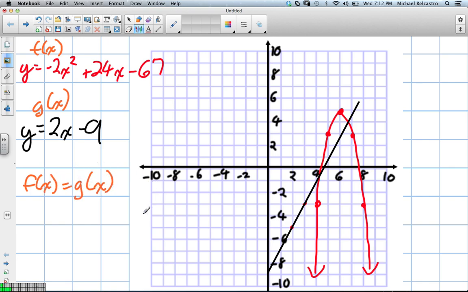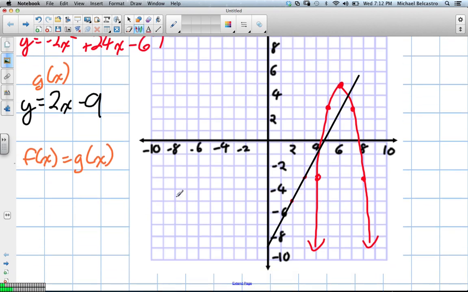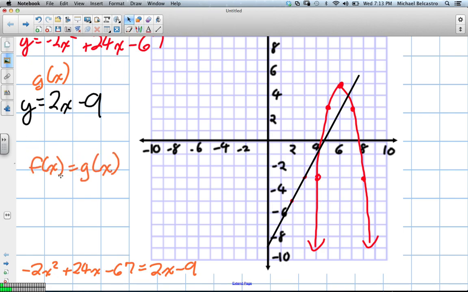That's the points. So we're going to scroll down a little because I want to write the equations out. What we're looking for is when negative 2x squared plus 24x minus 67, this is our f at x, is equal to 2x minus 9, our g at x. Okay, that's where we're getting this f at x minus g at x. See where the equal sign goes right above?